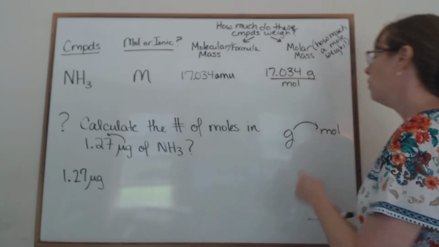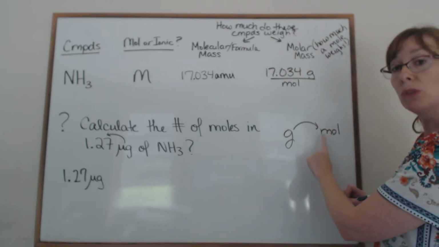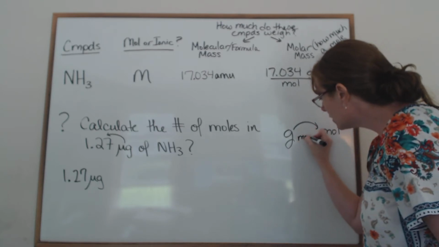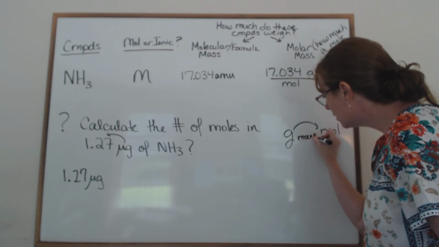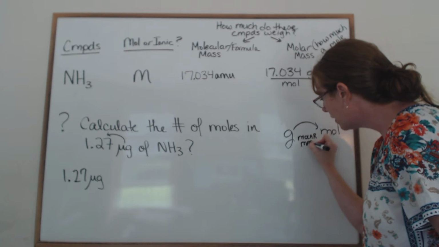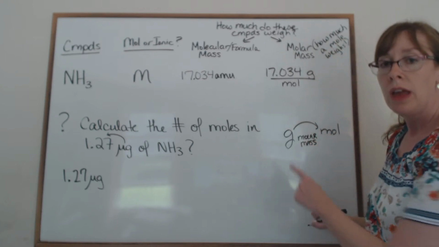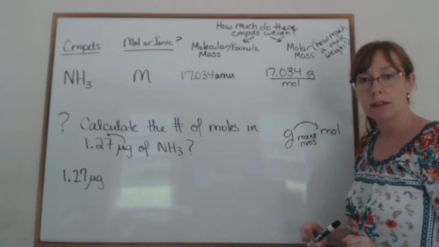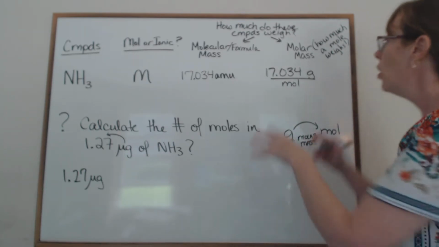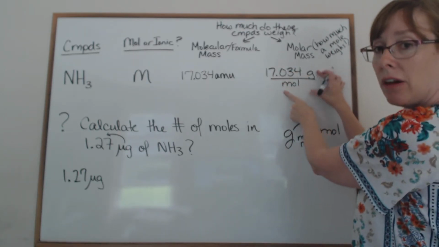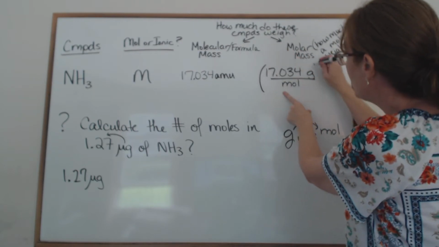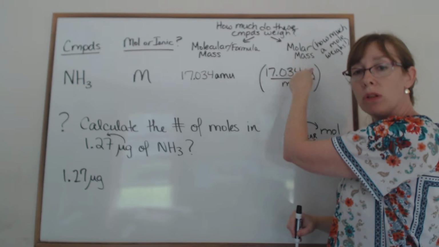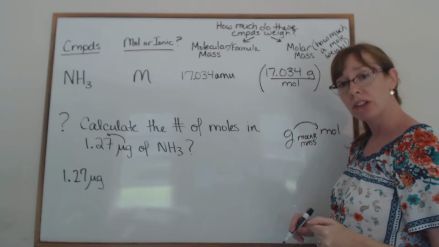And I always tell students, there's this little device that I always write on the board. Anytime you're trying to go from grams to moles, you just use the molar mass. Now, what is the molar mass? There it is right there. And I put parentheses around mine. You certainly don't have to do that, but it reminds me that molar mass is a conversion factor.